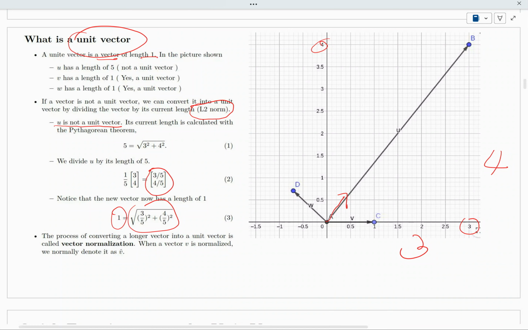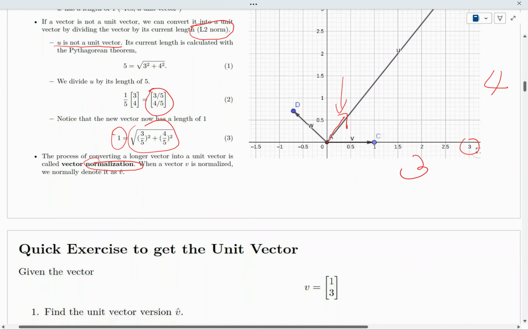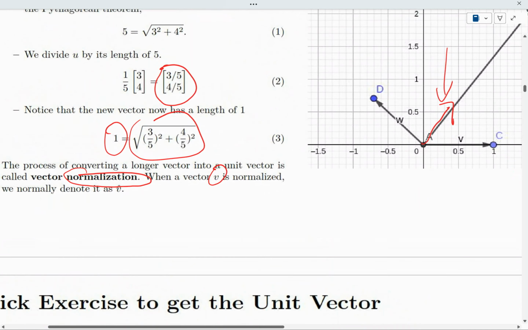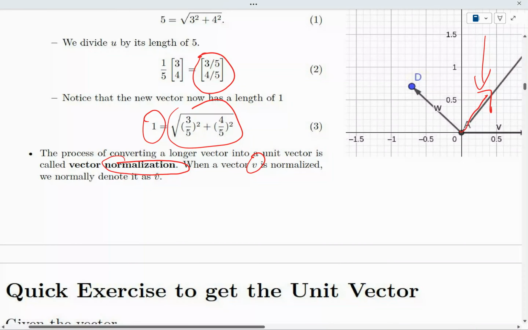This process of taking a vector and moving it to length 1 is called normalization. When a vector v is normalized, we denote the result as v hat. So v is the original vector, and v hat is what we denote as the result of normalization.